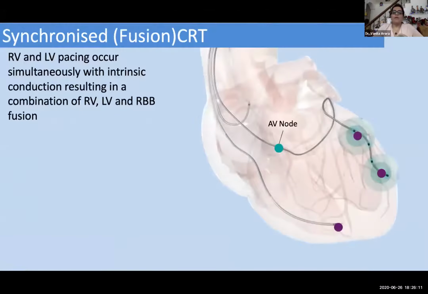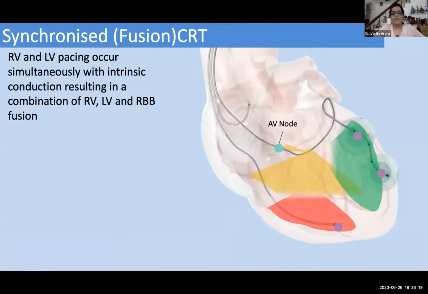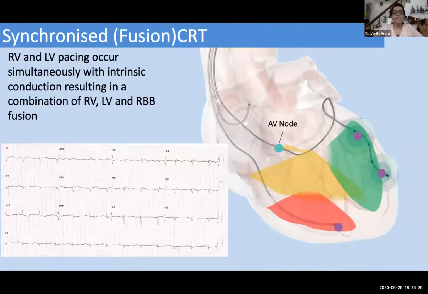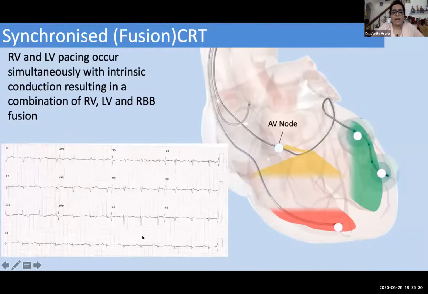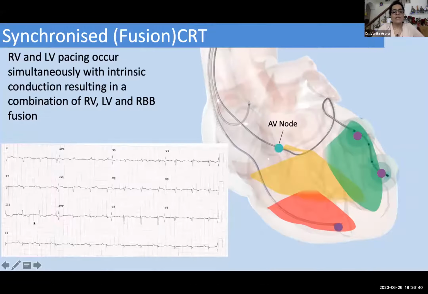But if we look at fusion CRT, there is simultaneous pacing from the LV and RV along with the intrinsic conduction. The intrinsic conduction is there, and there is a fusion complex resulting in the ECG, which I'm showing you. The QRS is narrower. There is a biphasic complex in V1, which means it's true biventricular pacing and not only LV pacing, and lead 1 is negative, but the axis changes. Instead of an extreme axis, it becomes the right axis.